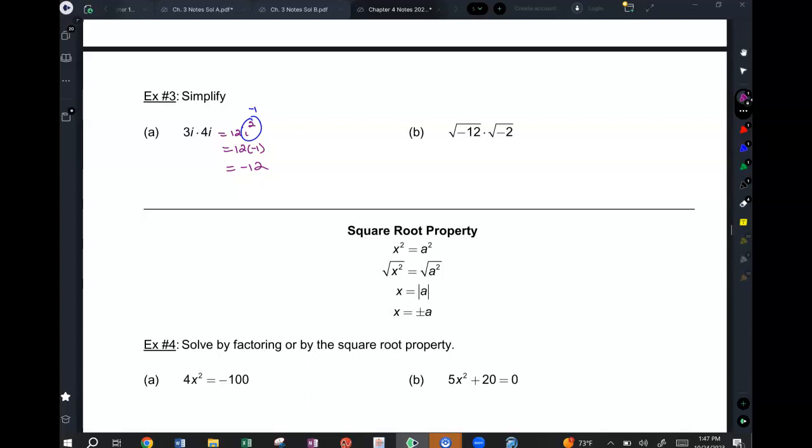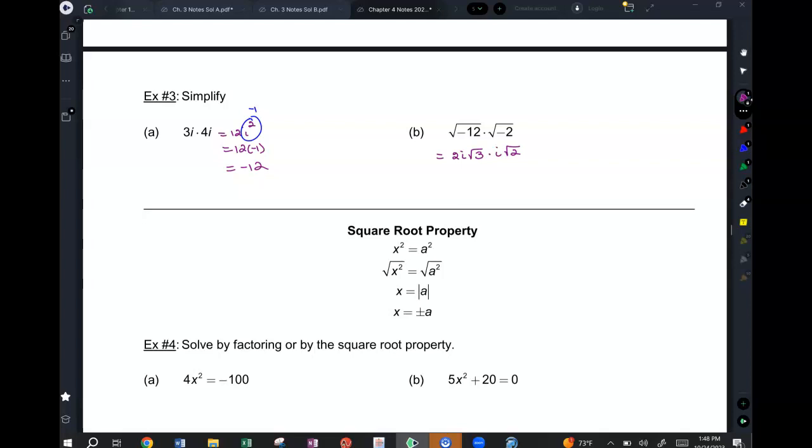Here is where students always fall into a pitfall. When you have something like this, simplify the radicals first. Trust me on this. So root of negative 12 will give you 2i root 3 times i root 2.